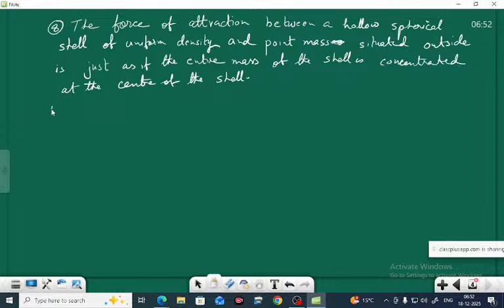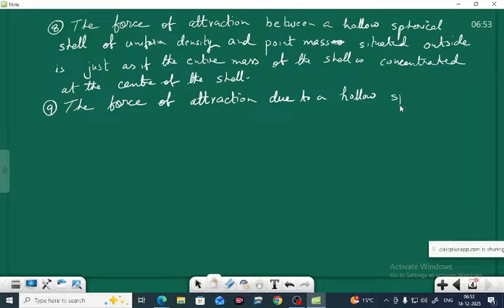And the last one, that is 9, this is the last characteristic of gravitational force.